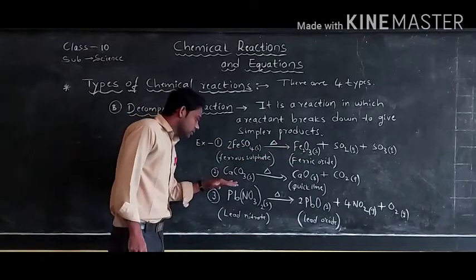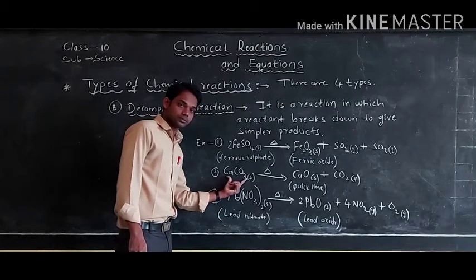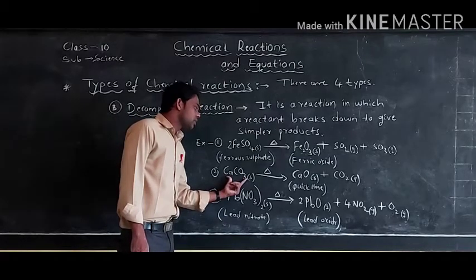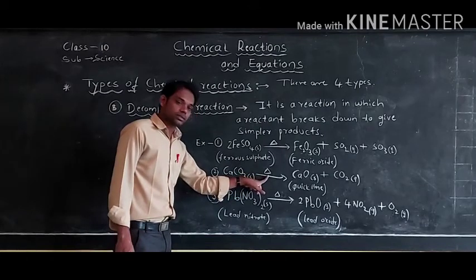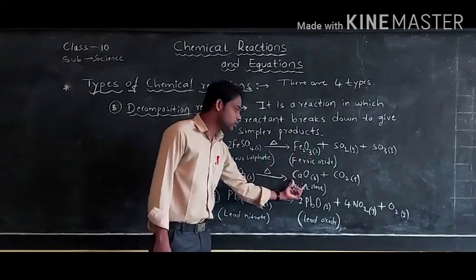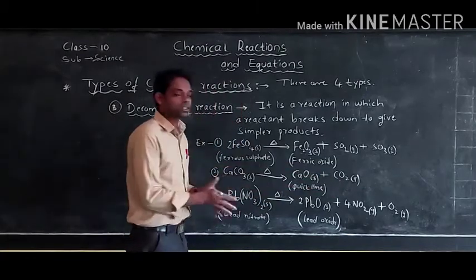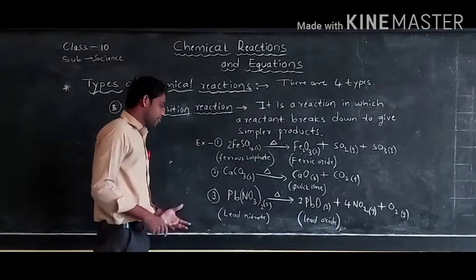Next, second one, calcium carbonate, CaCO3. When this is heated, it gives calcium oxide, CaO, and also carbon dioxide. Understood? When it breaks, it gives two or more products.